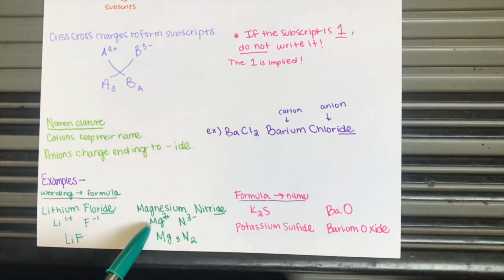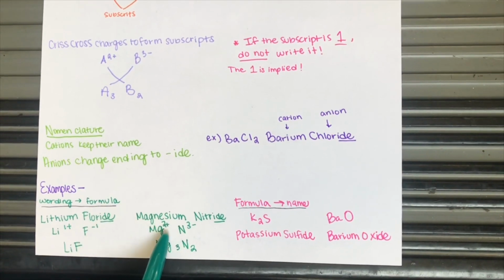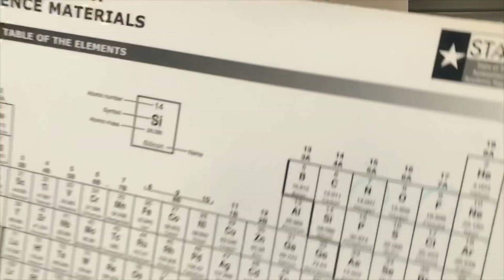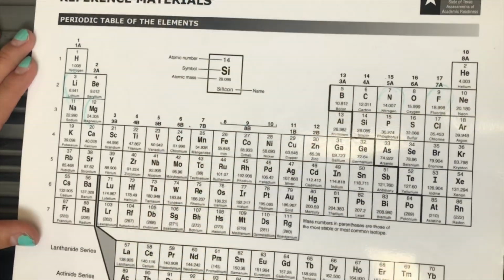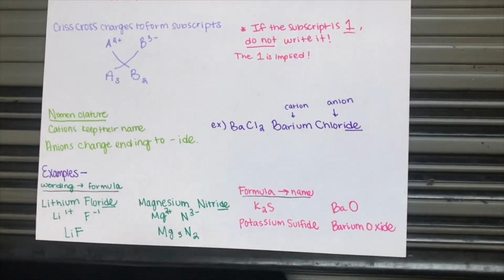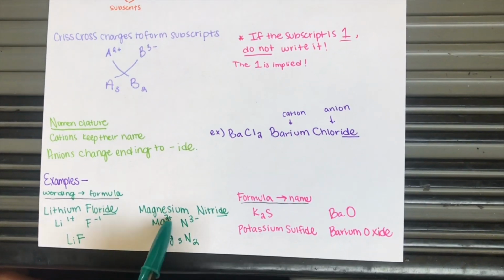Magnesium is Mg, and it has a positive charge of 2. Magnesium is located in group 2A, and that's why it has a positive charge of 2.